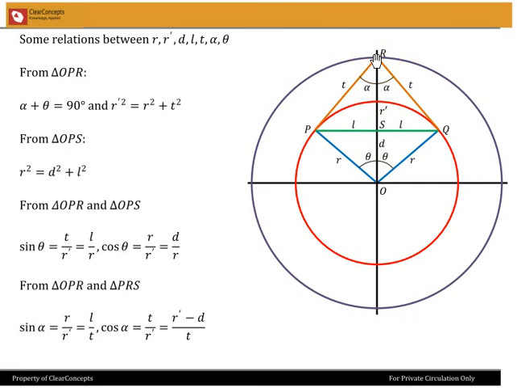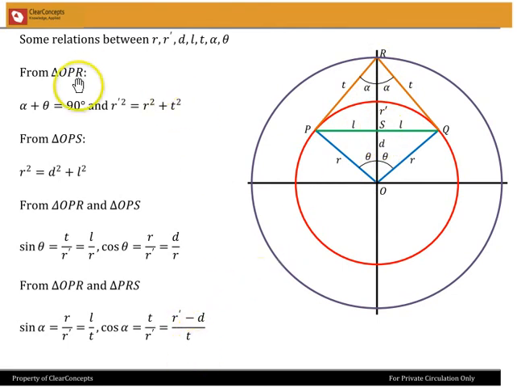From triangle PRS, opposite by hypotenuse will be l divided by t. Similarly, cos alpha would be adjacent by hypotenuse. So for triangle OPR, adjacent by hypotenuse would be t by r dash, and for triangle PRS, the adjacent side is the length SR, which is nothing other than OR minus OS, and so that's r dash minus d divided by the hypotenuse t.